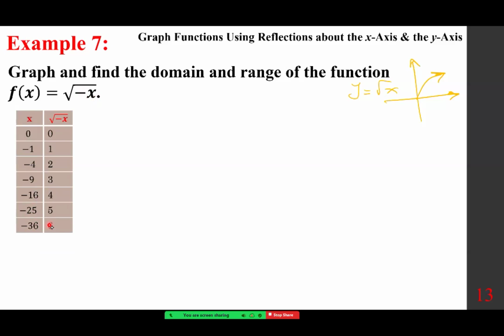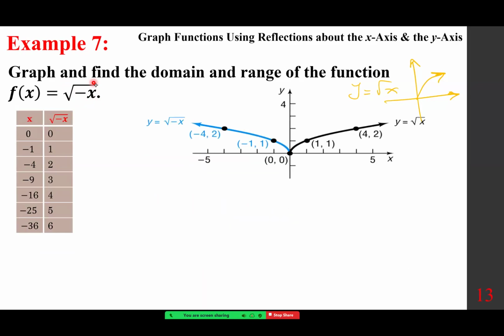And by the way, it's clear, as far as the domain, remember, under the radical, when the index is even, it has to be positive. So that's why you choose those numbers. For example, if you pick 1 or 2 or 3 or any positive number, this is not a real number. You can't choose that. So if you plot those carefully, okay, 1 corresponds to -1, 2 corresponds to -4, and so forth.